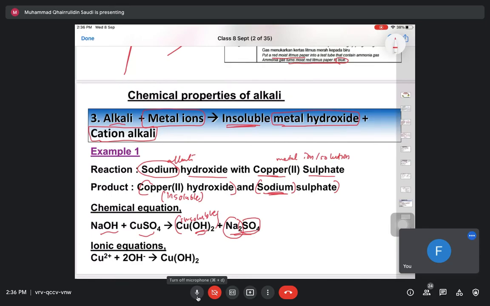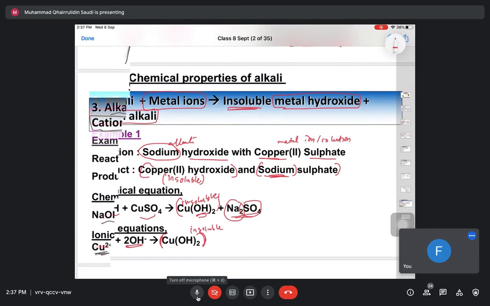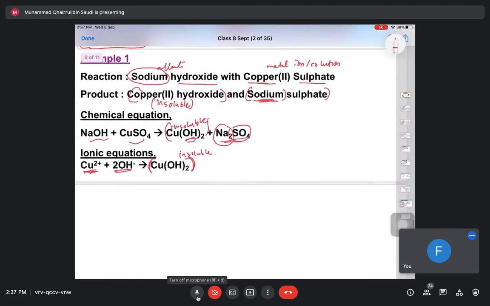The ionic equation will be the metal ions and the hydroxide ions, and you will get the insoluble product. That is the ionic equation.